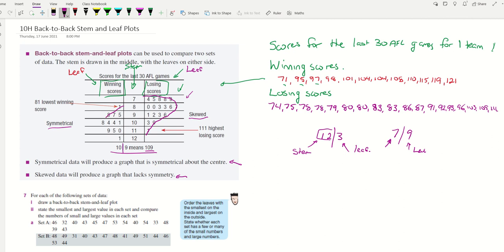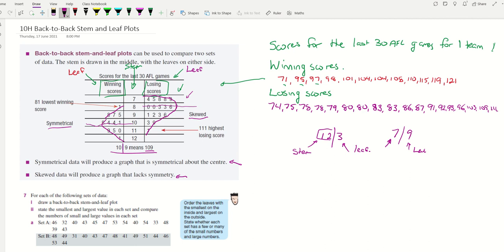And if we do that, we get particular shapes. If we look at the centre, this one is symmetrical about the centre. This one is not symmetrical if we look at where the highest point is.